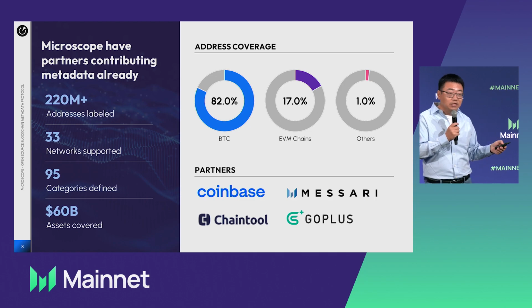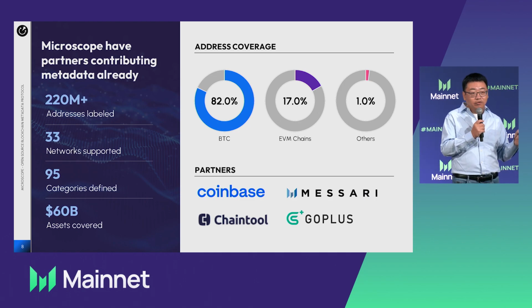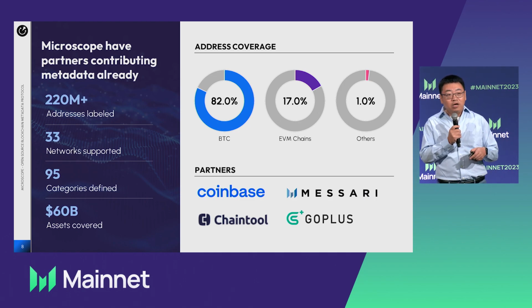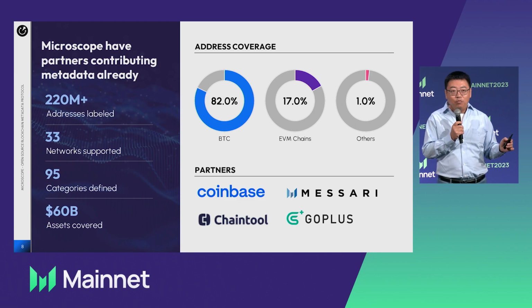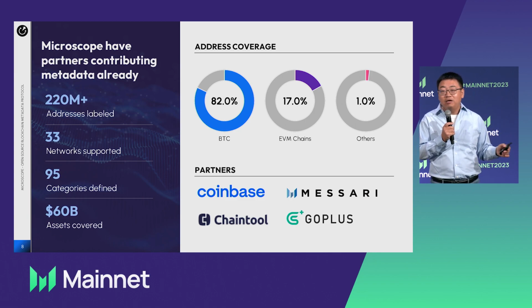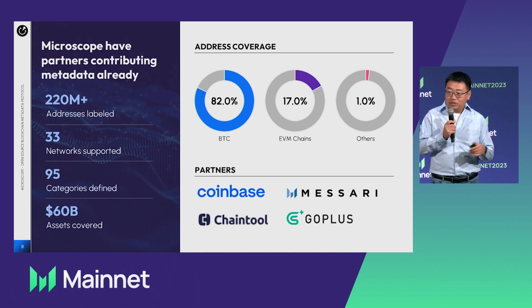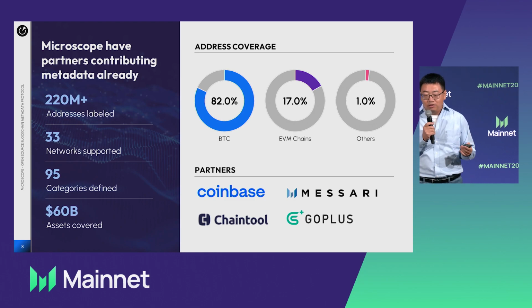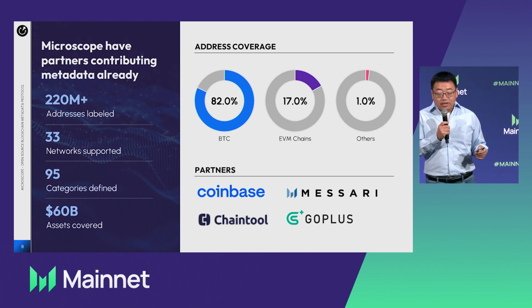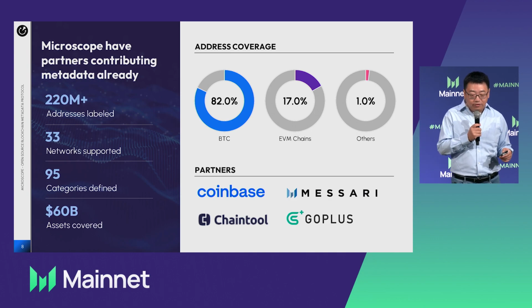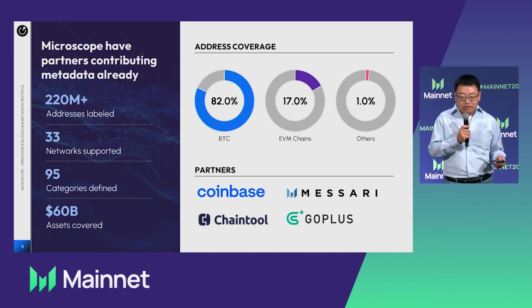If you have the same address on Ethereum and Polygon, we count it as 2 addresses. The reason is that we can't always propagate the labels entirely. For an externally owned address we can propagate, but if it's a contract address, we need to discuss further. We have 33 networks covered, and we have defined more than 95 categories of labels.